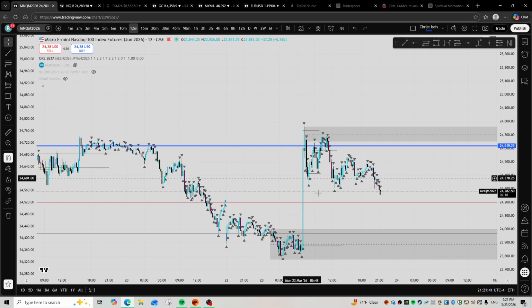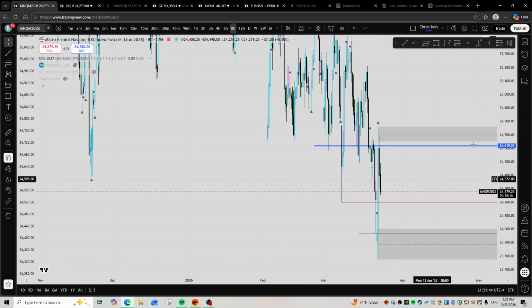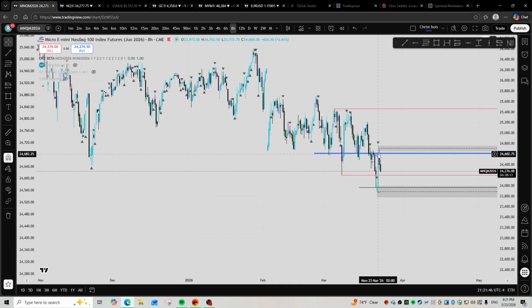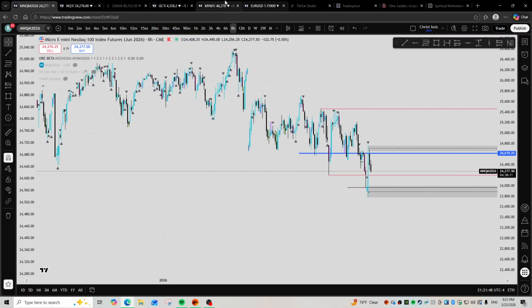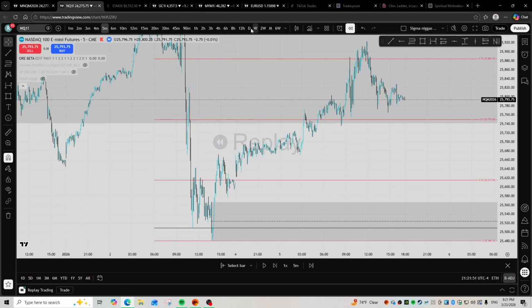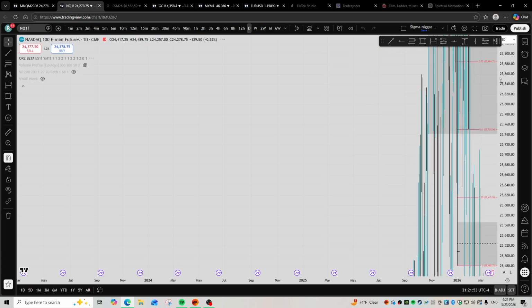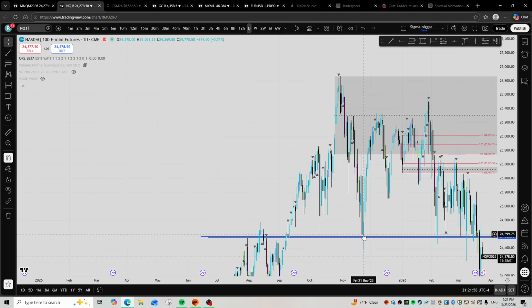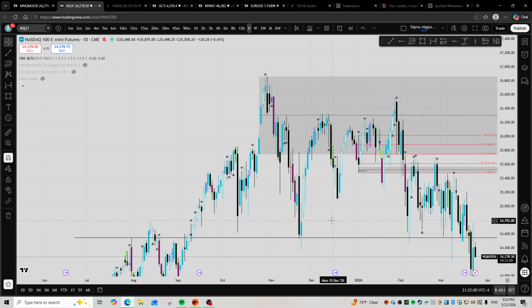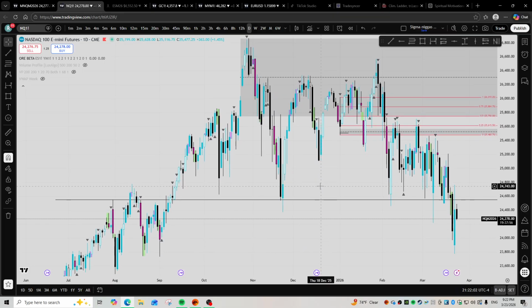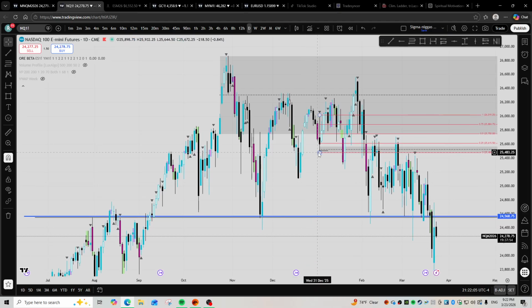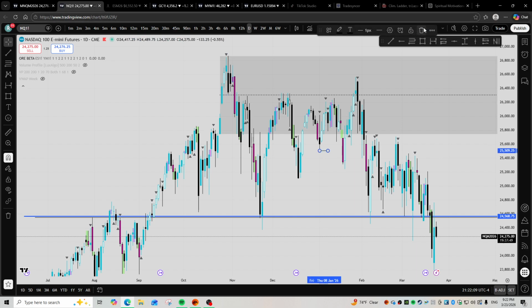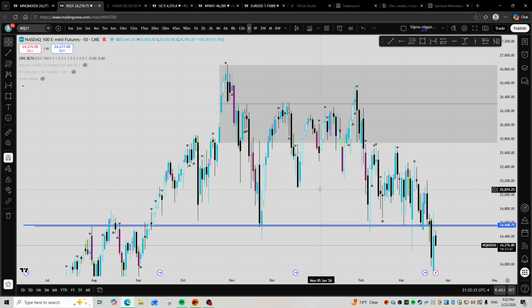The reason why price reversed here and not here was because it had hit that level it needed to hit. Similar to here, where price had hit that level it needed to hit, and it was kind of just like, okay, let's reverse. Wait, I just took away the thing I needed. I need to delete that. You see here in this example, I'm not too sure of that.